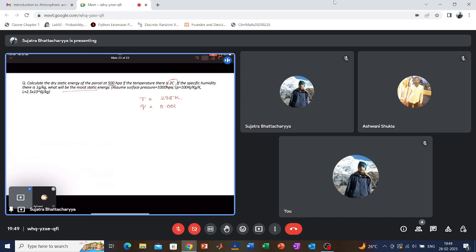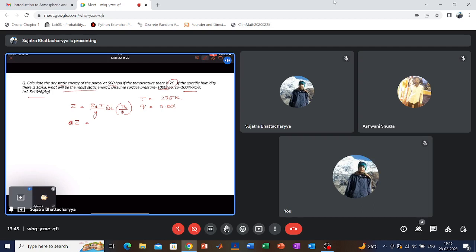What will be the moist static energy? So simple. Cp is known, L is known, surface pressure is 1000, but before that z needs to be calculated. So how to calculate z? So z will be equal to RdT by g log of p naught by p. Hypsometric equation.